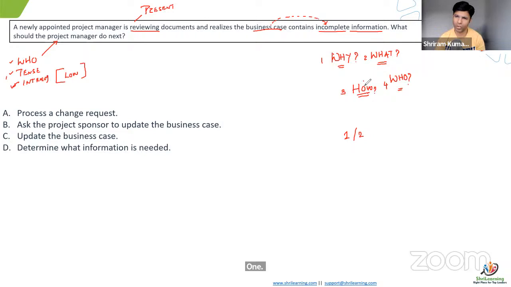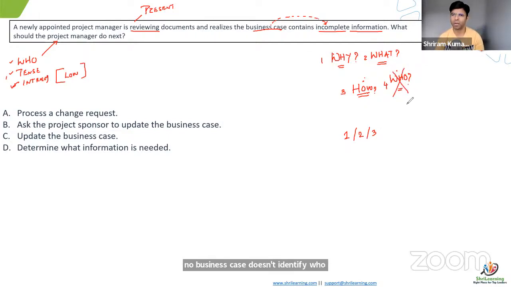Do we talk about how we do the work? Yes, 3 is also there. Do we talk about who will do the work? No, a business case doesn't identify who. That comes later. Do we talk about how elaborately in a business case? No, let's talk about that later.